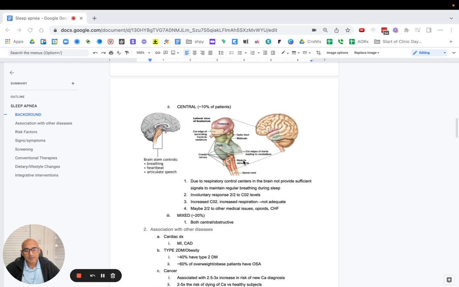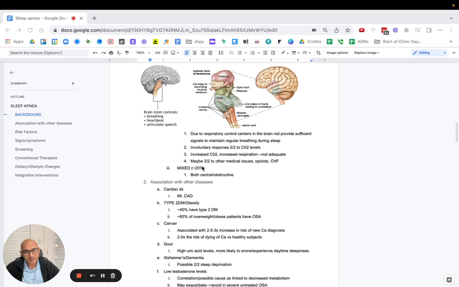But if you have a damaged or inadequately performing respiratory center, with rising CO2 levels, they may rise a bit too high, and you can potentially get apneic periods.